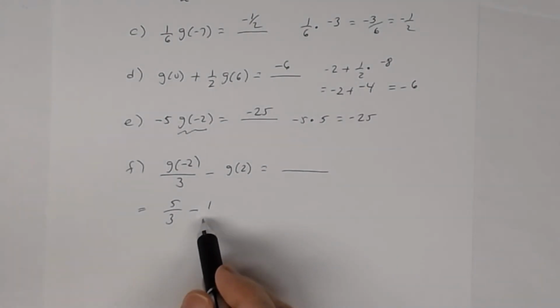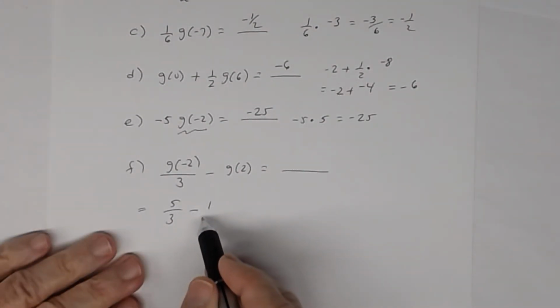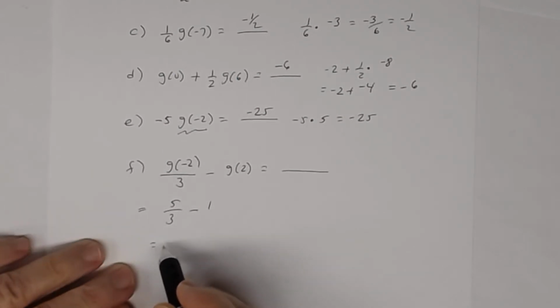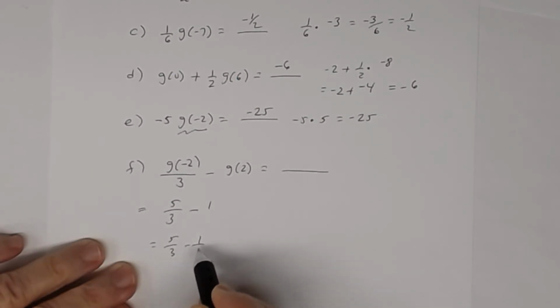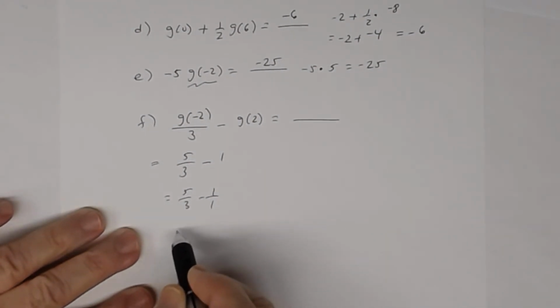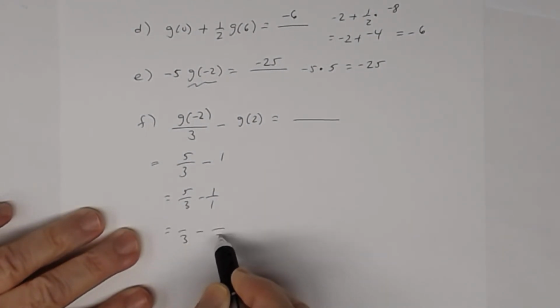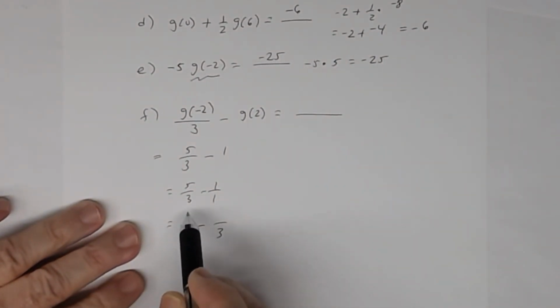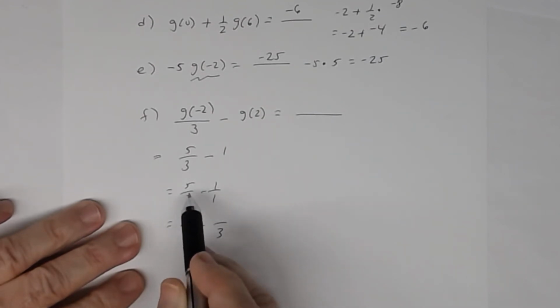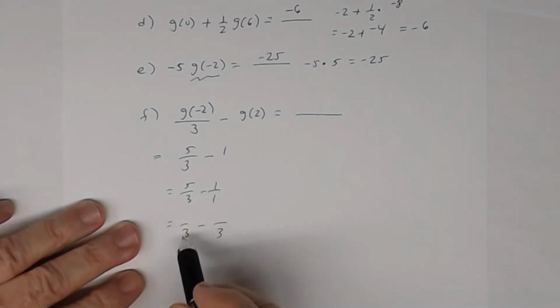All right, and so then you just combine those two fractions. So let's go ahead and find the LCD. So remember, this becomes 5/3 minus 1 over 1, right? So the LCD is 3. So I'm going to write two fractions with 3 as a denominator. So 5/3 is equivalent to itself. See, the denominators are the same, so the numerators have to be the same.